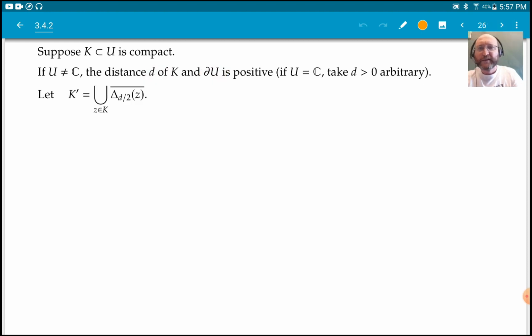And now let's construct this new set, K prime. We take the union of all closed disks of radius D over 2 for all points in K. So you basically fatten up K a little bit.